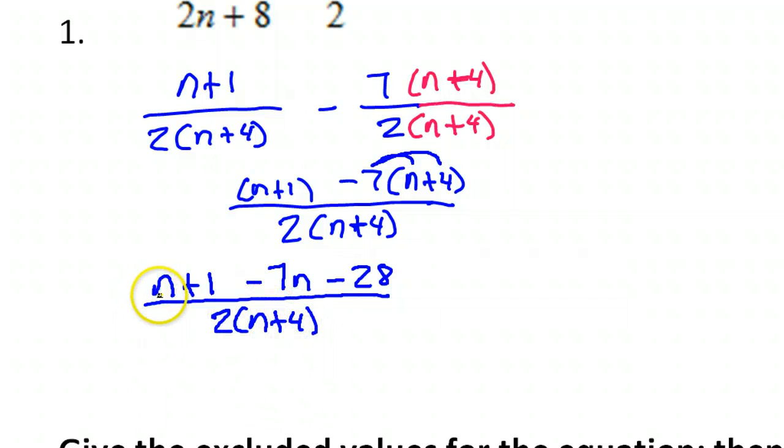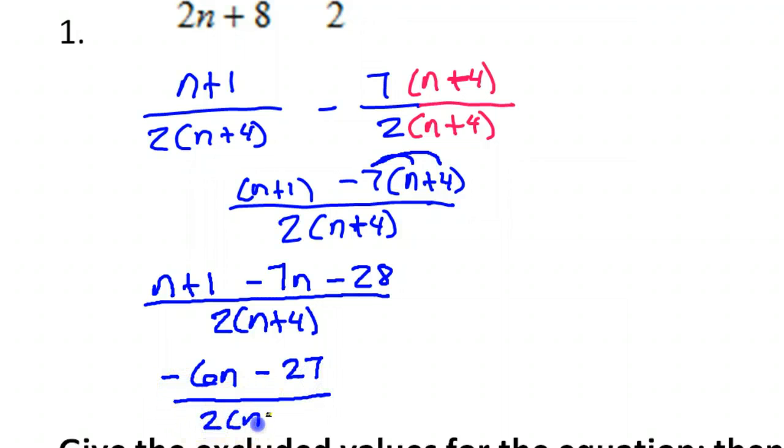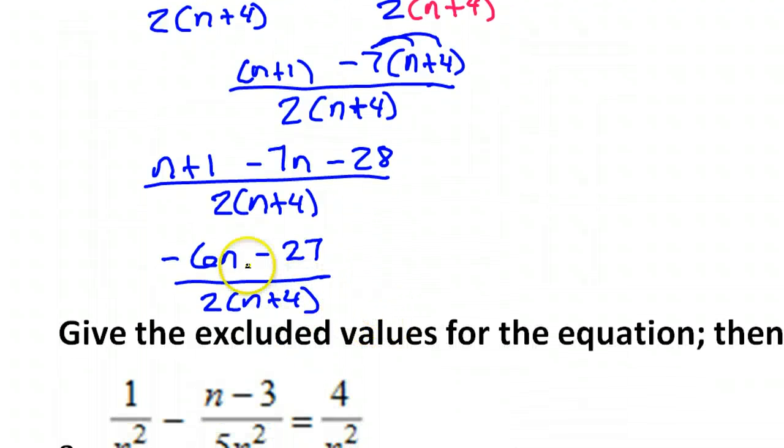Combining like terms, I've got n and -7n, so that's -6n. Positive 1, -28, that is -27. And that's over 2 times n plus 4. This might be the answer.